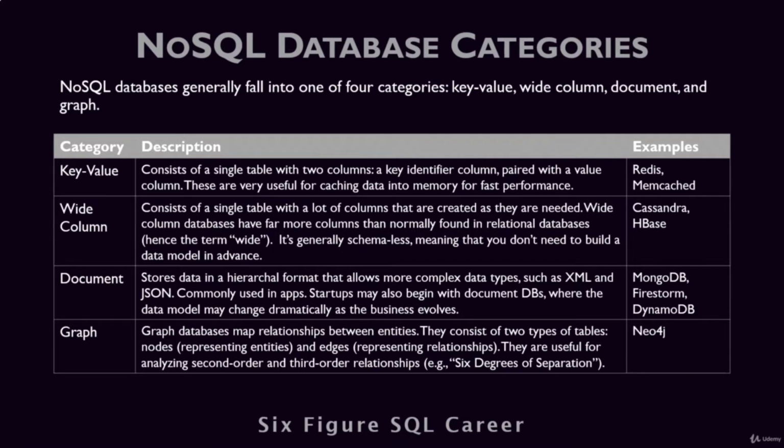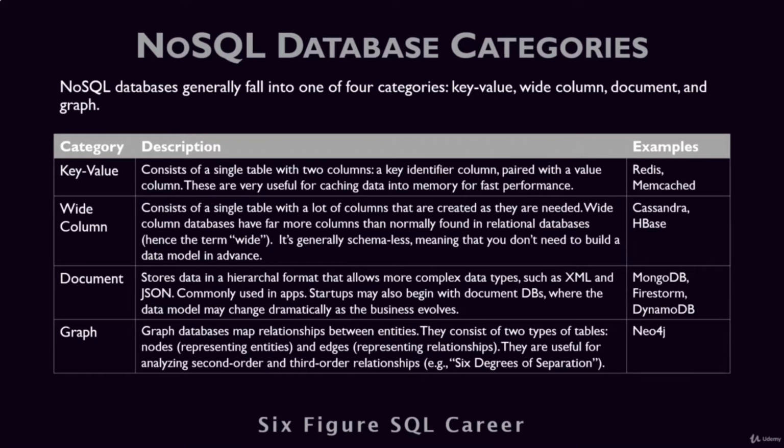It's easier to just store the data in its raw JSON or raw XML, and then as the business model stabilizes, you can convert your JSON model into a more defined relational schema for better performance. Common examples of document databases include Mongo, Firestore, and DynamoDB.